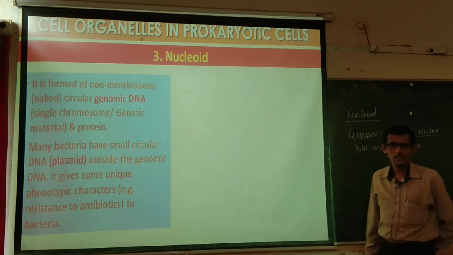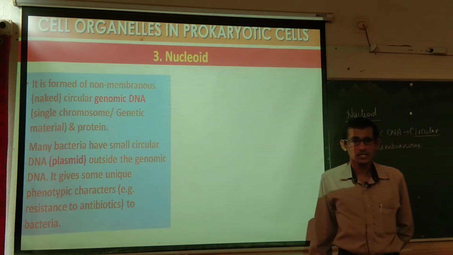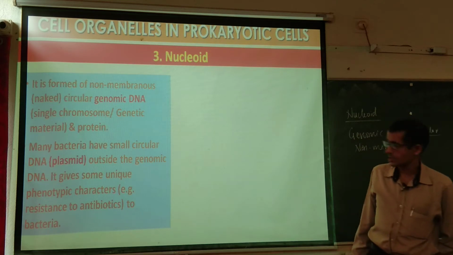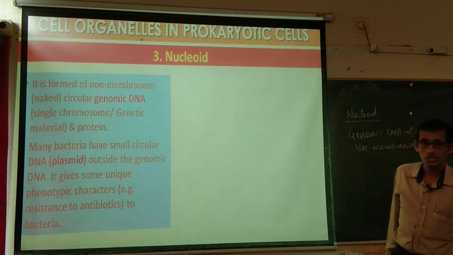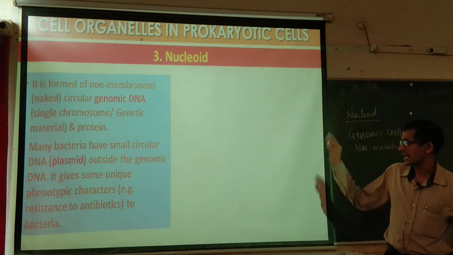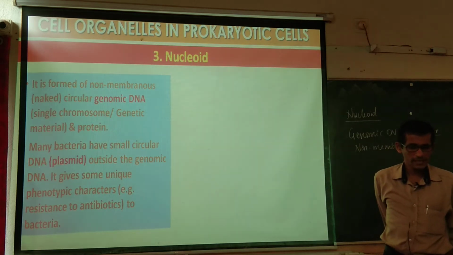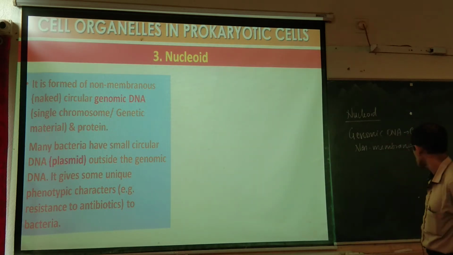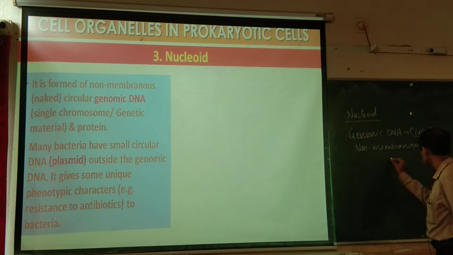What is meant by genomic DNA? What is DNA? Genetic material, isn't it? The total set of genetic material observed in that particular cell is the genome, and it is composed of protein also. Genomic DNA is a non-membranous structure along with proteins.